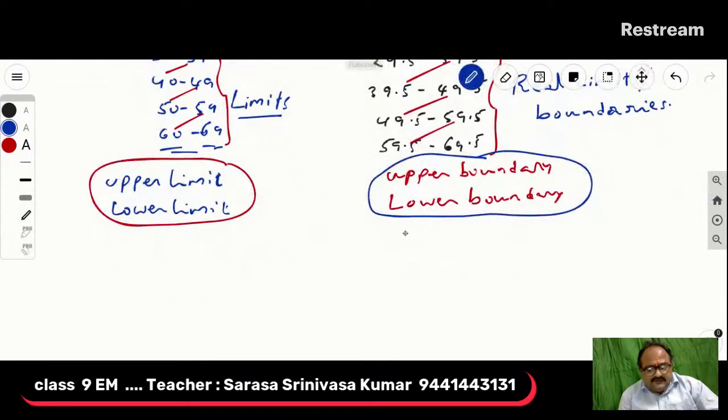So these class intervals, this is how we write the overlapping class intervals.